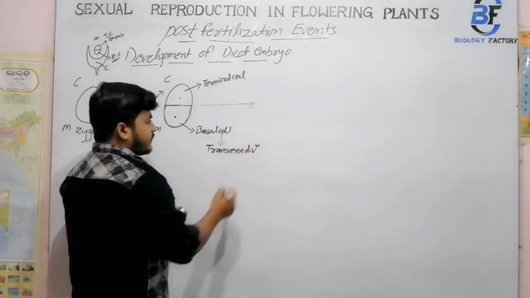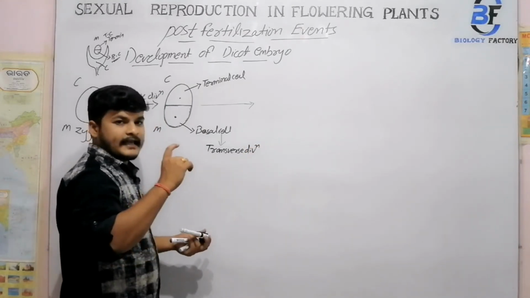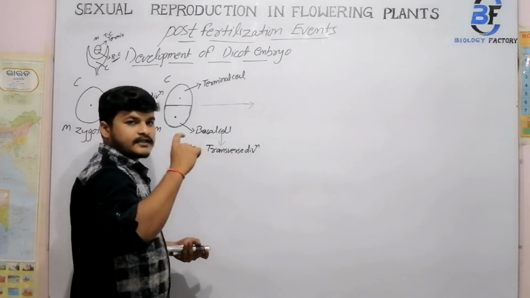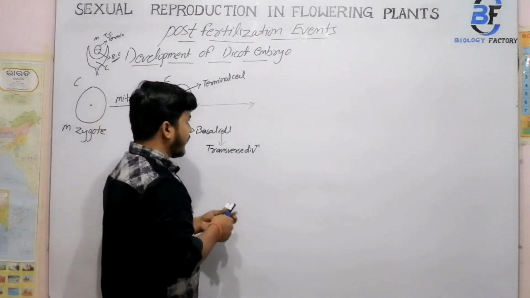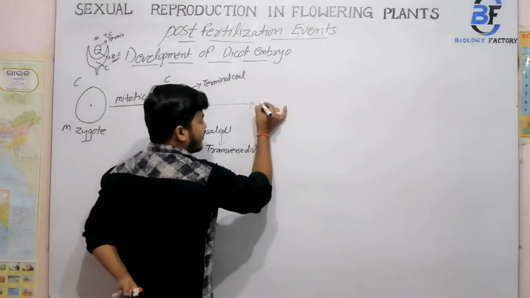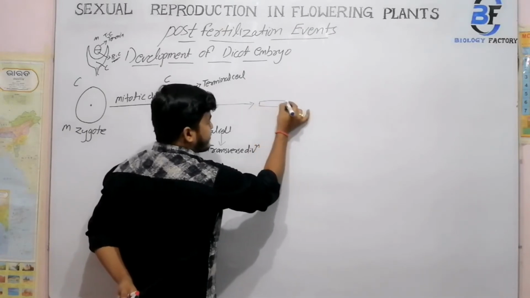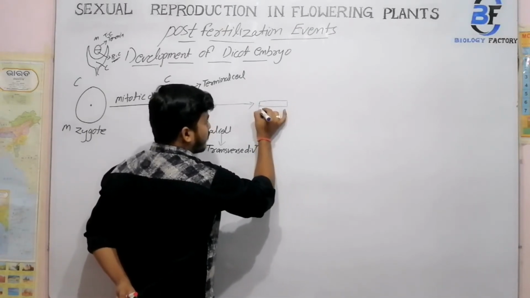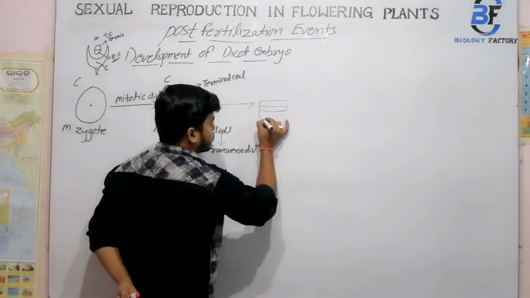By this transverse division, a structure that looks like a stalk of wine is formed. 7 to 8 cells of suspensor are formed.